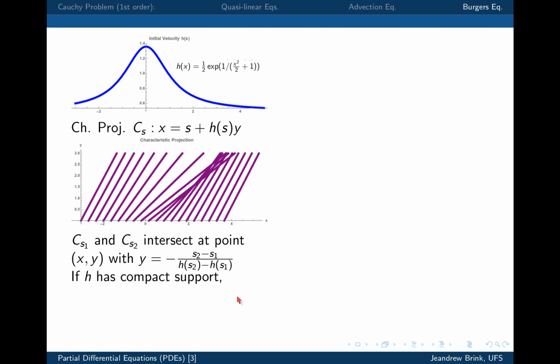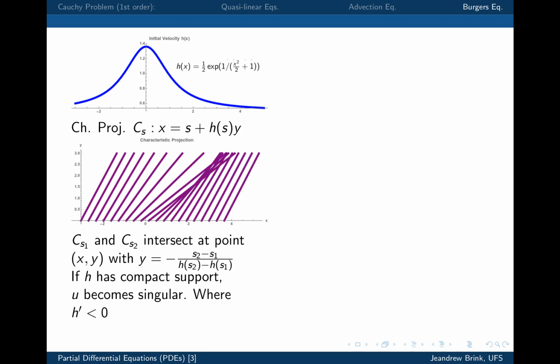And then you can further go on and say if H, which is our initial condition over here, has compact support, and that basically means that it is non-zero only in a small region and it goes to 0 at infinity as well as its derivative, then you can guarantee that at some point these characteristics collide and it goes singular.